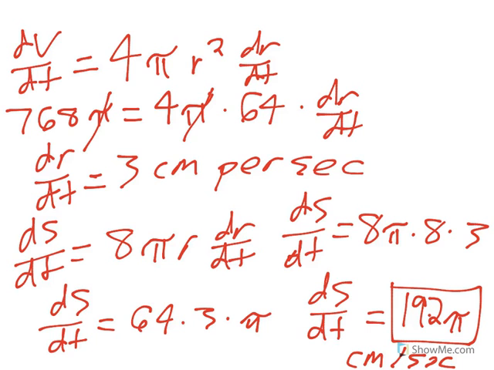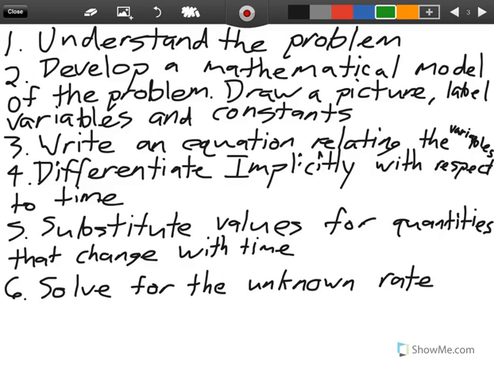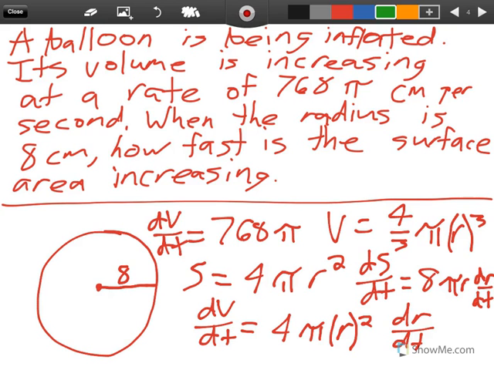So just some final points. Just remember to use these steps. It really helps. If you need to draw a picture to help you understand, that's a good thing, as long as you understand what you're trying to find. When you're reading the problem, try and see: what am I given here? What am I trying to find? What can I do to find it? When you're given geometry things, just think formulas.